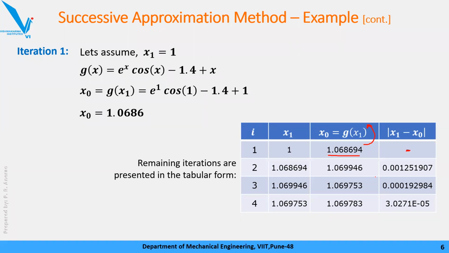Next you will do the iteration for second, then you will check the error between these two values, difference of these two values. थर्ड इटरेशन में इन दोनों का डिफरेंस चेक करोगे, फोर्थ इटरेशन में इन दोनों का डिफरेंस चेक करोगे. So these are your error values. If these values are less than the prescribed error value, you have to stop the calculation, otherwise you have to do more and more calculation. I hope you all understood the method.